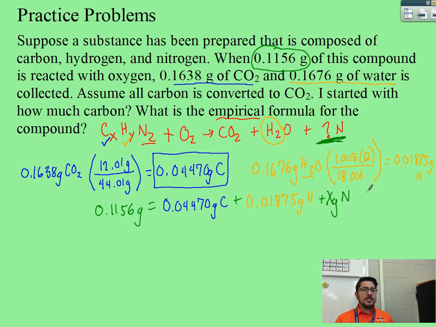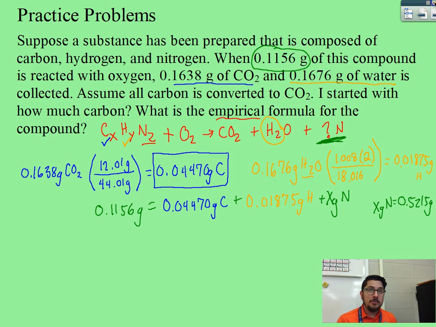So I add these two numbers together, and I'm going to subtract from the total. How many grams of nitrogen do I have? If I plug it into the calculator correctly, I would have gotten X grams of nitrogen, which would equal 0.5215 grams. And so now I have all the amounts I need, and now I can solve for the empirical formula, which is the last question.